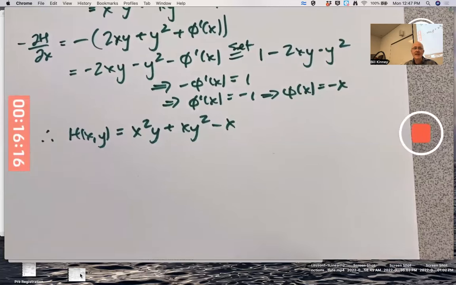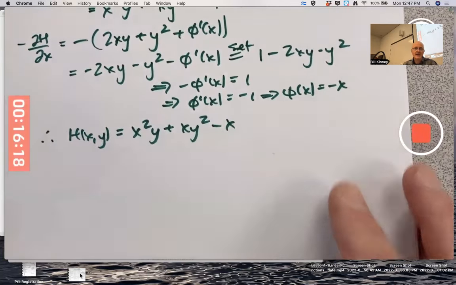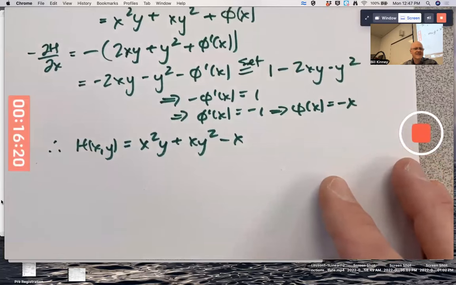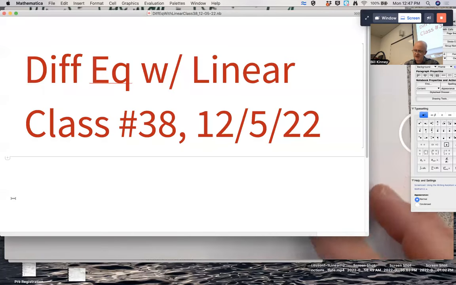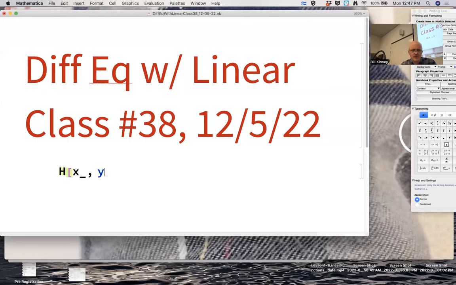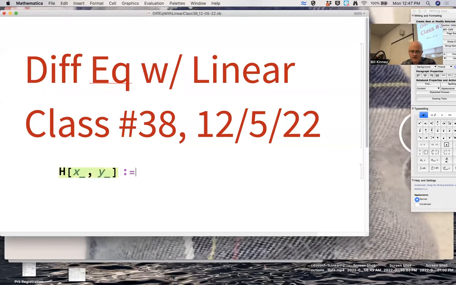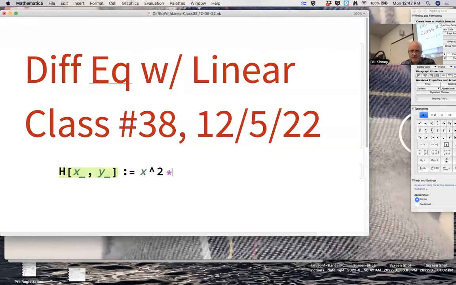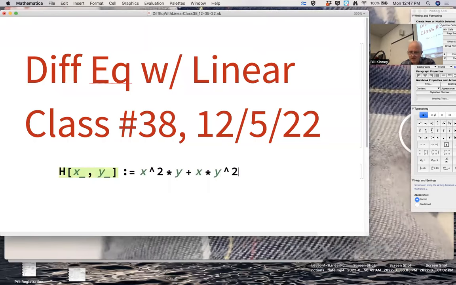But all right, so now you'd want to use technology. So we'd want to plug this function into Mathematica: x squared times y plus x times y squared minus x.